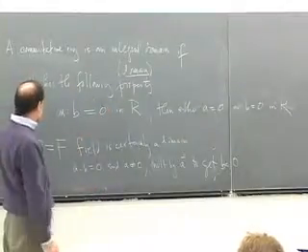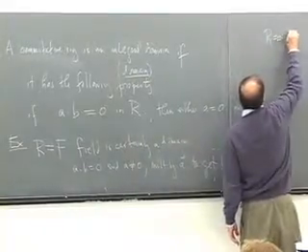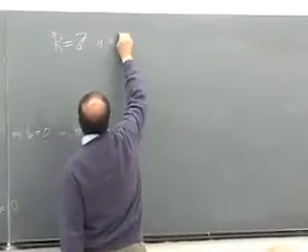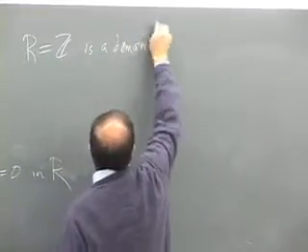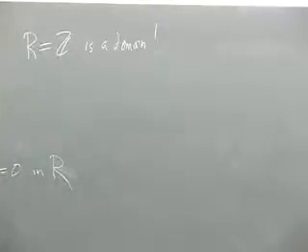But there are other rings that are not fields that are domains. R is equal to Z, the integers, is a domain. If you multiply two non-zero integers, you get a non-zero integer. Key fact. All right?